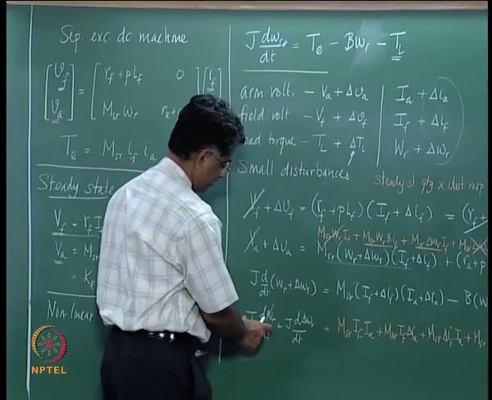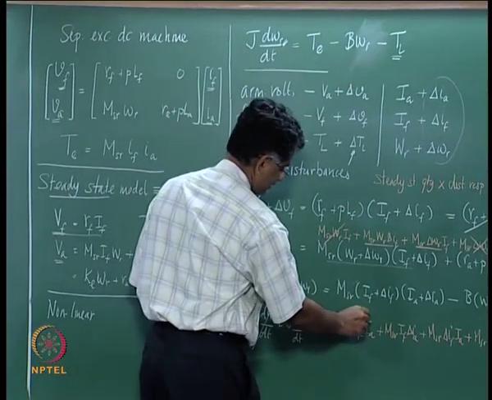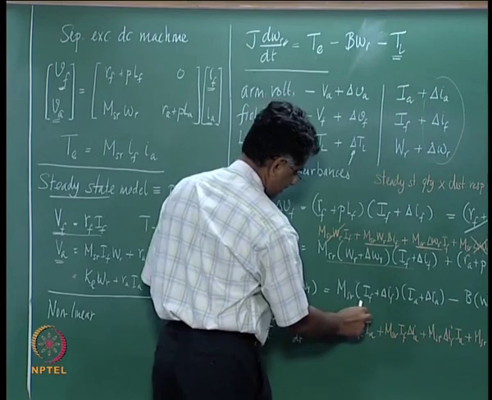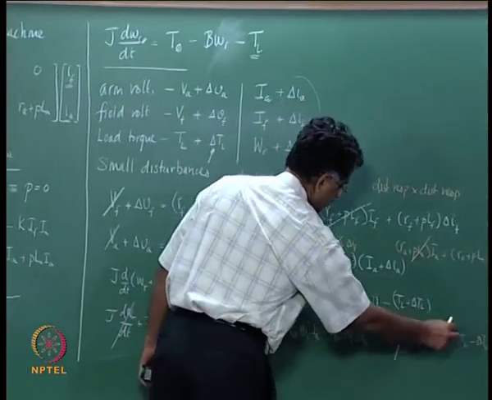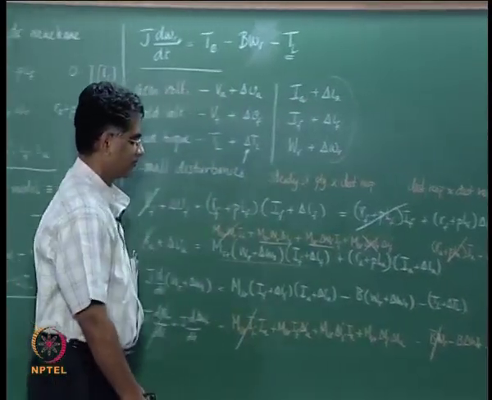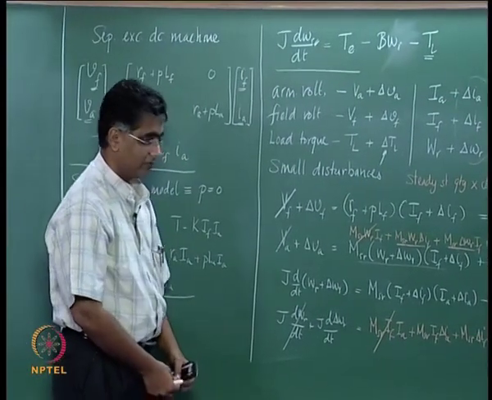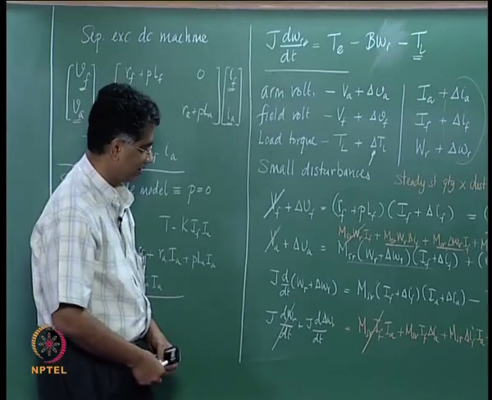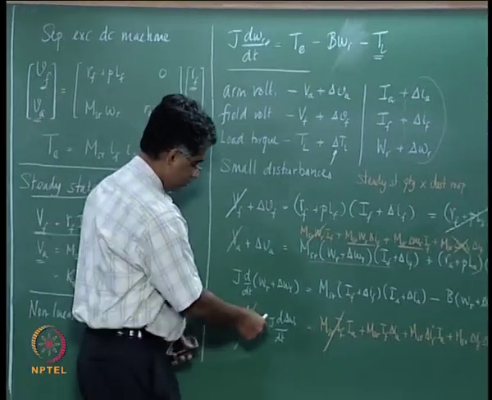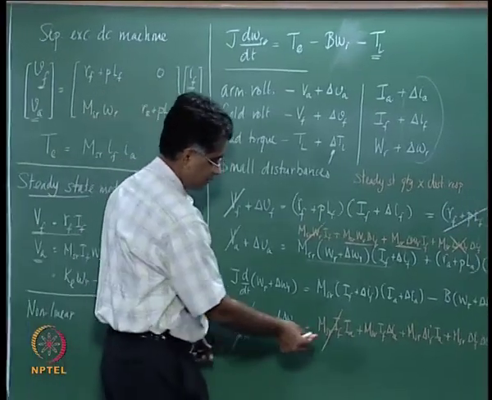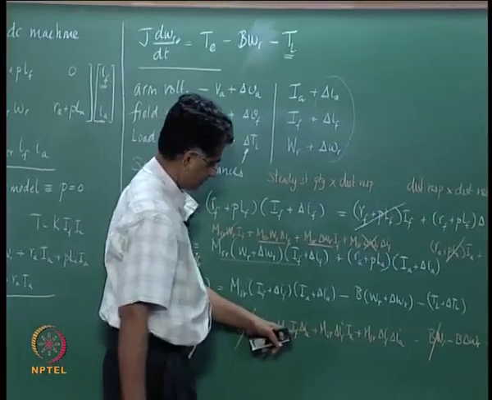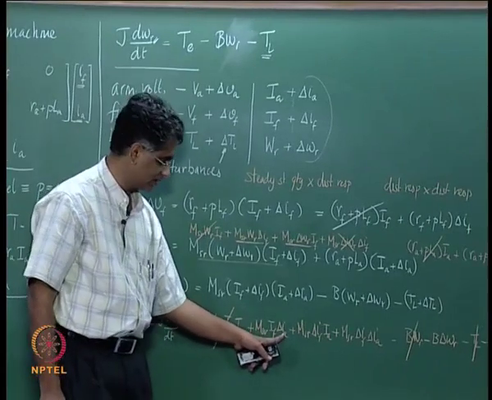So, the left hand side J d omega r by dt is equal to MSR into IF into IA minus B omega r minus TL, and therefore the relationship between the disturbance responses would be J d delta omega r by dt on the left hand side must be equal to the sum of this term, which is a steady state multiplied by a disturbance response.